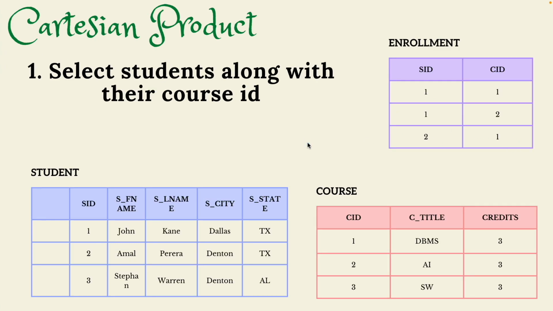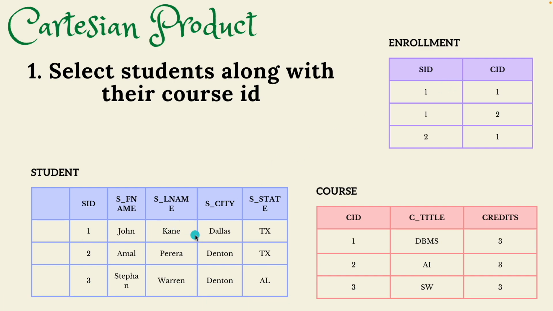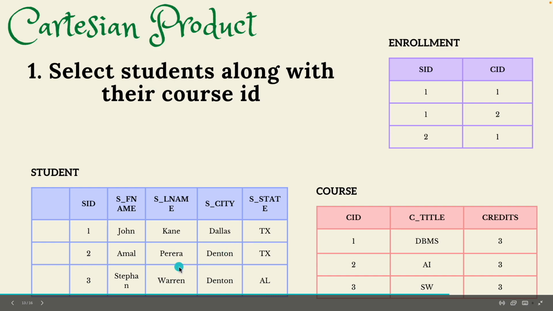Cartesian product. Cartesian product is combining all the possibilities from one relation to the other relation. For example, select student along with their course ID, right? So you have students in student relation, course IDs in enrollment table.